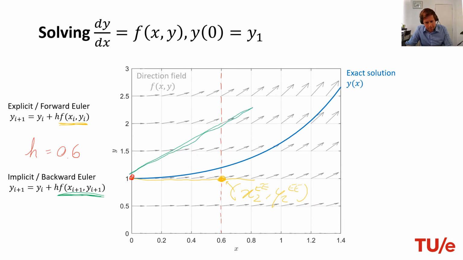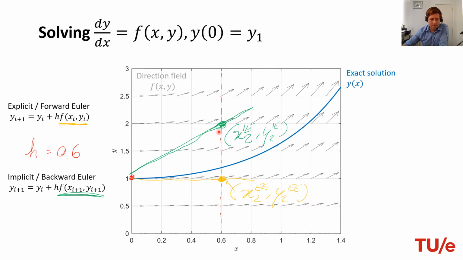If I look at this line over here, we see that at this point, if this were to be the implicit Euler solution, it corresponds to this equation for backward Euler, because this equation is fulfilled. So we use the slope at the new value for x such that this formula holds. So that is what backward Euler does. It actually looks backwards, whereas forward Euler actually looks forward.